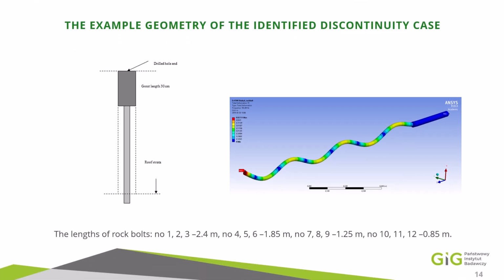Different lengths of rock bolts were analyzed: 2.4 meters, 1.85, and shorter. The assumption was to grout it in, and the length of grouting was to be 30 centimeters.